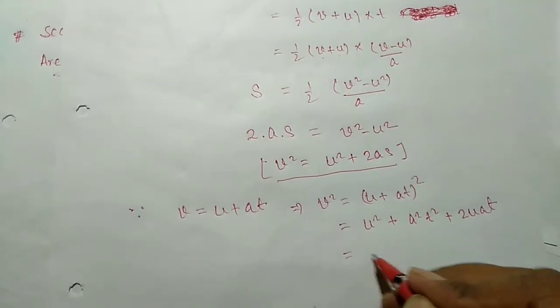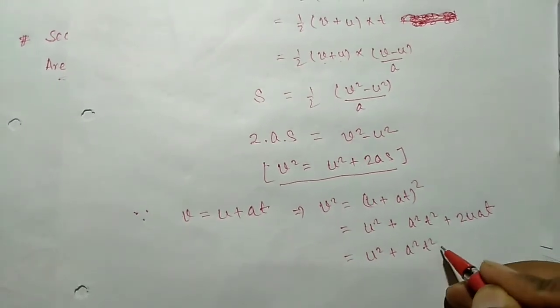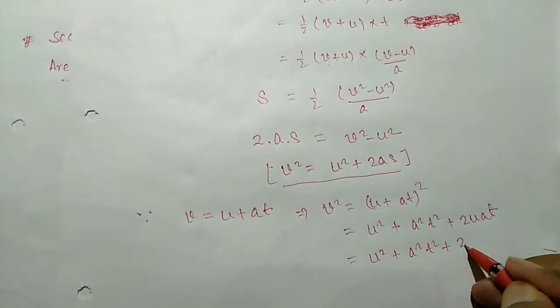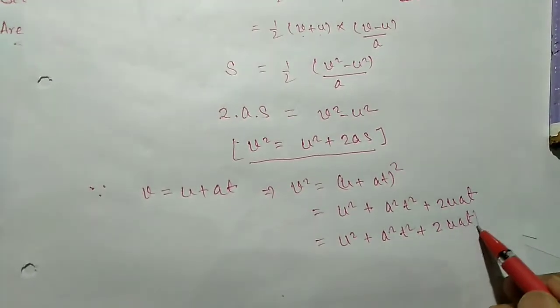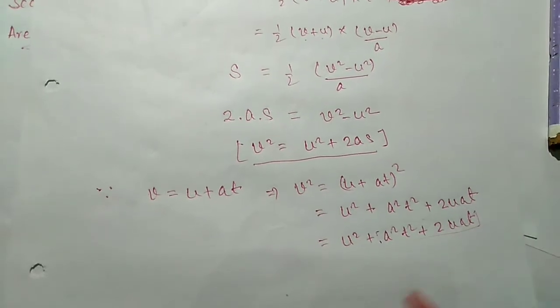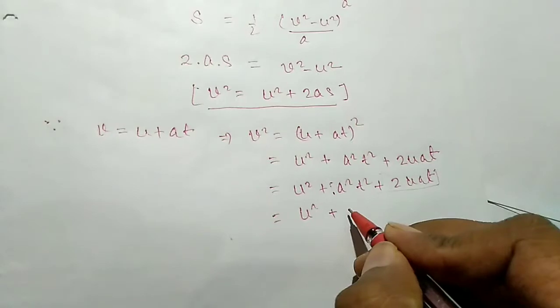Then from this part, we are going to take something common, which is u square plus 2a.